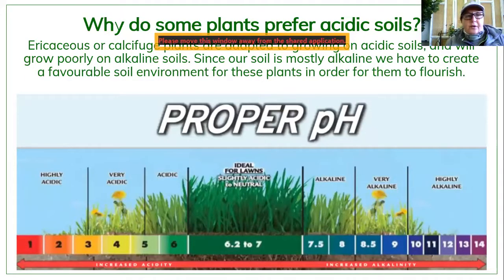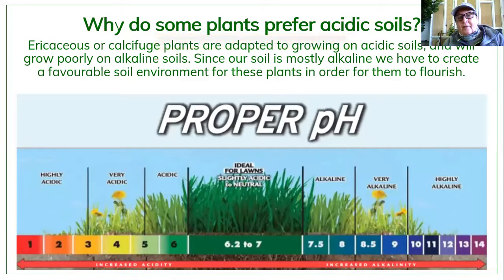Ericaceous plants, or calcifuges, are adapted to grow in acidic soils. In acidic soils, it's a bit more difficult to take up some sorts of nutrients, and these plants have adapted through the ages to be able to grow in these very acidic soils.